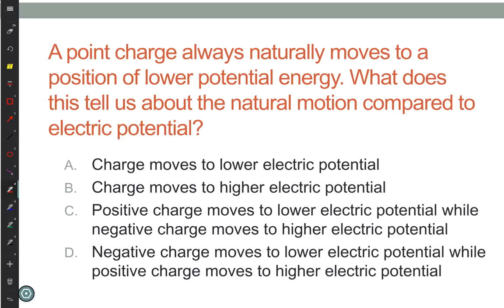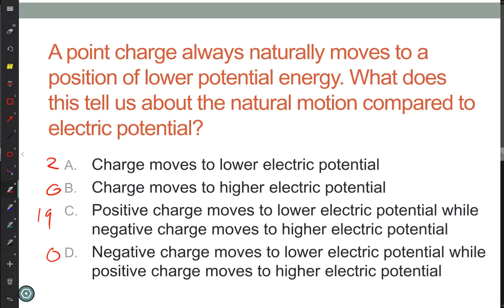So we ended up with some votes moving around. But a very large majority this time saying that positive charge moves to lower electric potential while negative charge moves to higher electric potential. And that's absolutely correct. It's moving to lower potential energy in both cases, but positive charge has a lower potential energy when it goes to negative. And so that's positive going to lower electric potential because electric potential is lower at negative charge.